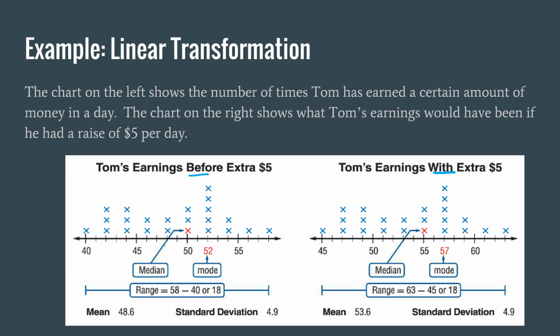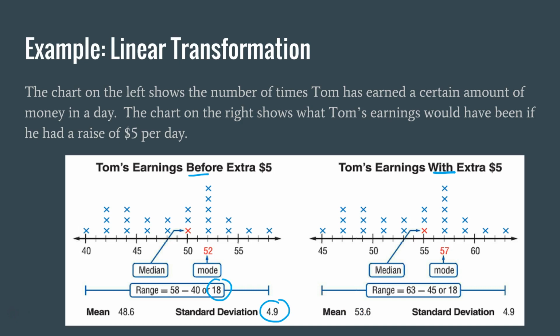As we can see here, our mean is going to be 48.6, and our mode is 52. Our range is 18, and our standard deviation is going to be 4.9. And if we're looking here, notice that our mean goes from 48.6 to 53.6.